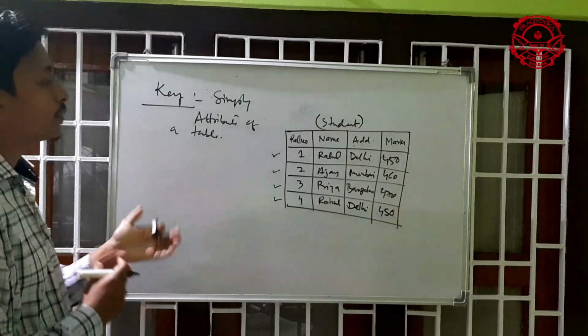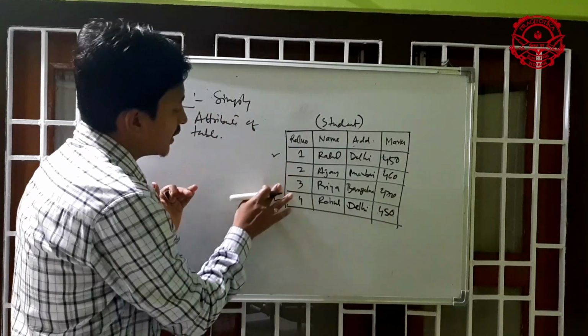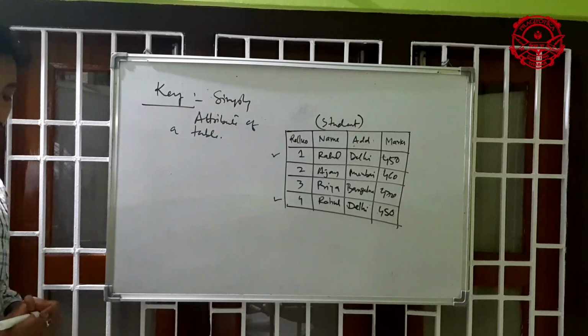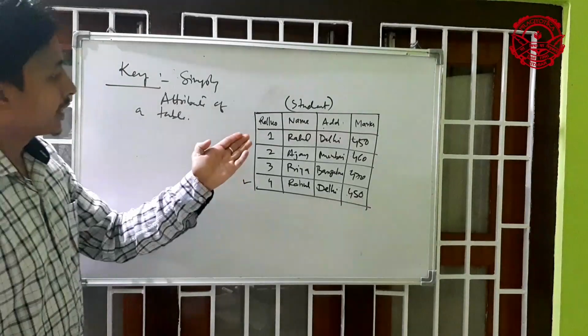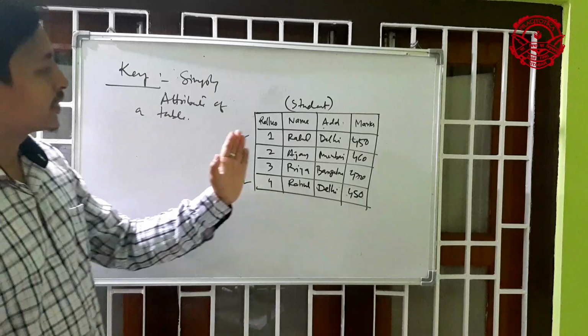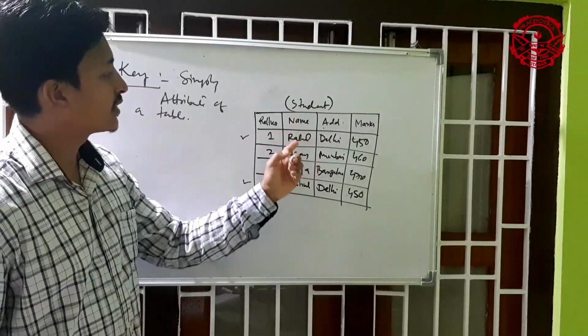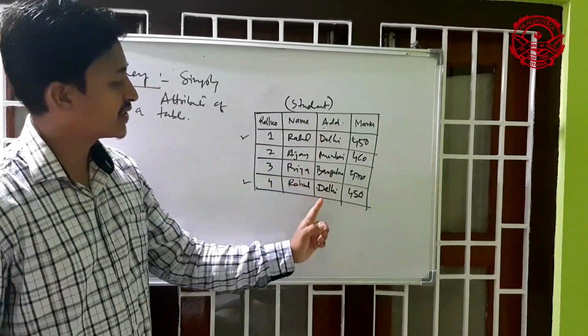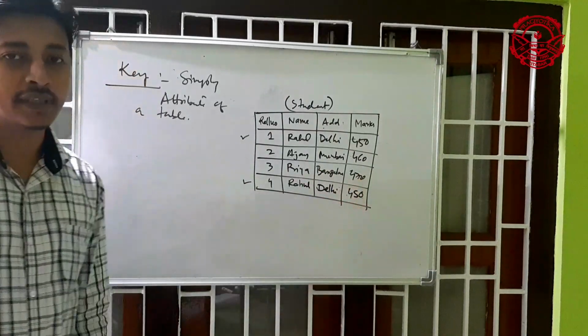Now you can see that roll numbers 1 and 4 have the same information: the name is Rahul, Delhi, and 450. Again, the name is Rahul, his address is Delhi, and marks are 450.